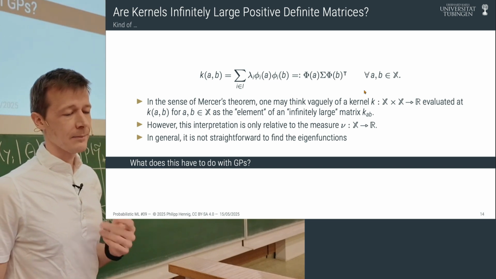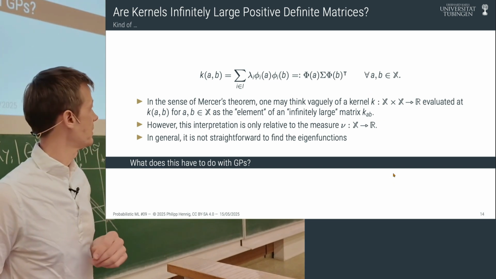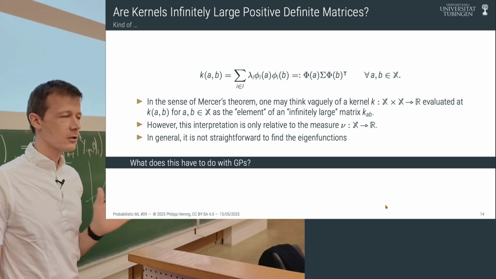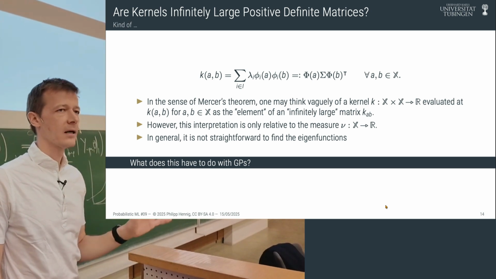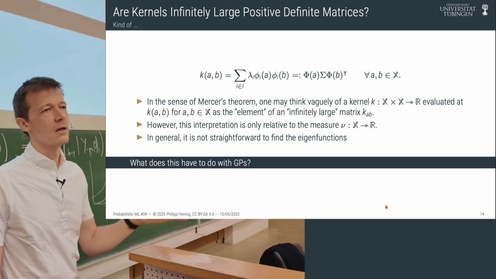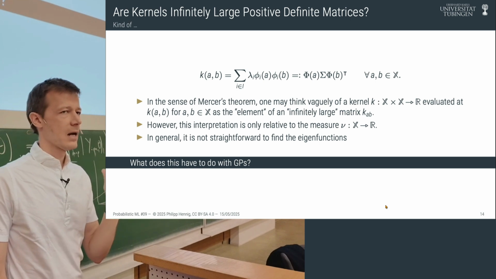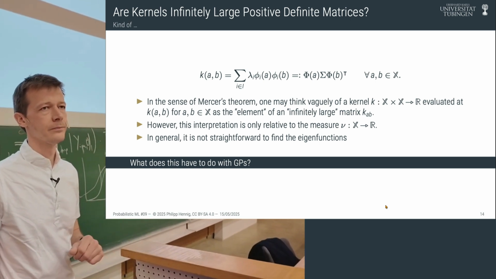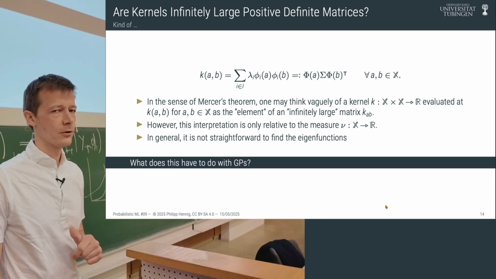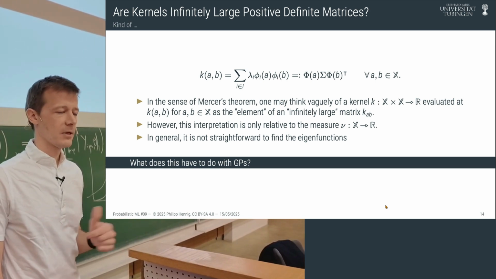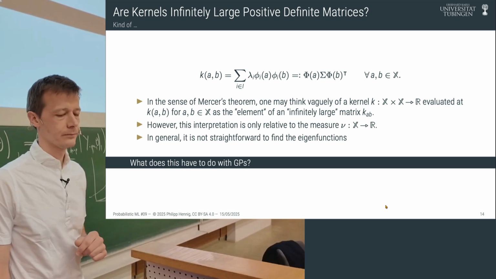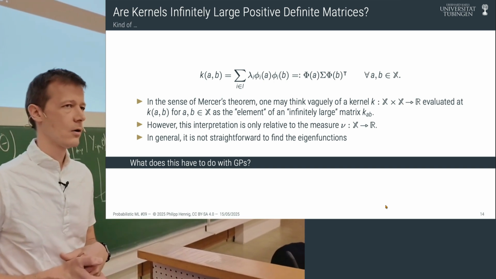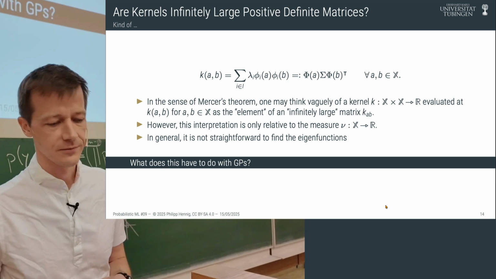The other problem is that for a general positive definite function, a kernel, it's not always straightforward to find out what the eigenfunctions are. For some kernels, under some specific base measures, they are known. For example, for the square exponential kernel, the eigenfunctions are known. But for more general kernels, they're not known. So this is just an analytic tool, not something we can make universal use of.